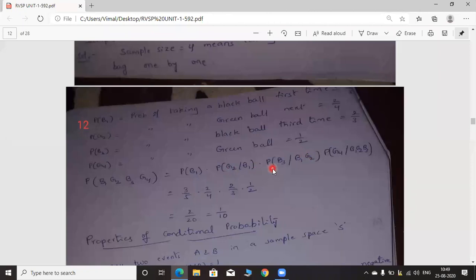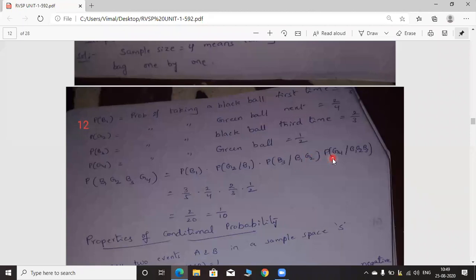Next, what is meant by probability of B3 given B1, G2? That means what is the probability of picking the black ball the third time, given that the first time we picked the black ball and the second time we picked the green ball. These two events have already happened. So picking the third black ball from the bag depends on the first two events.